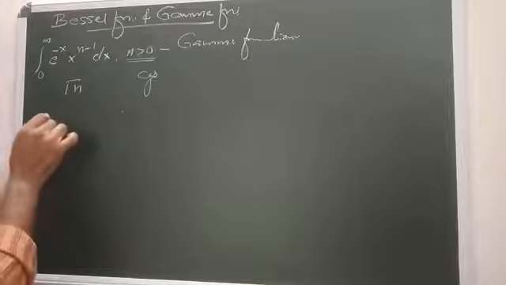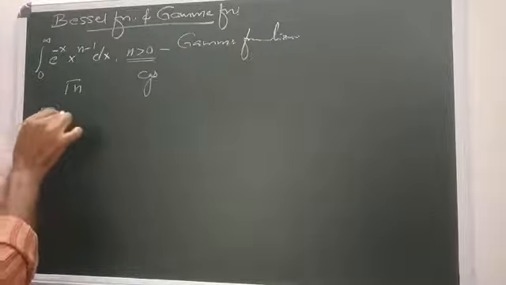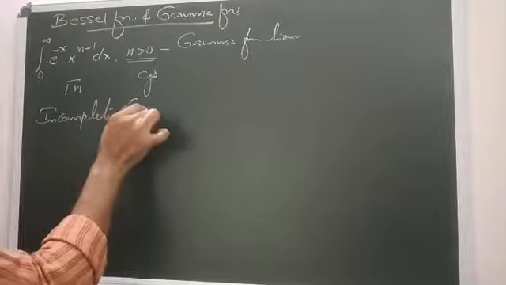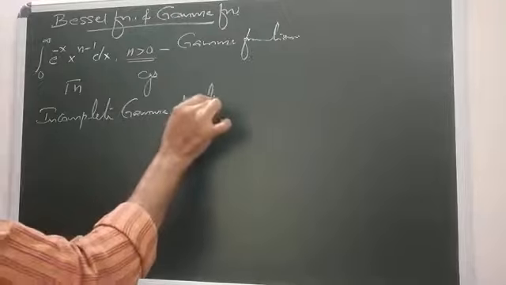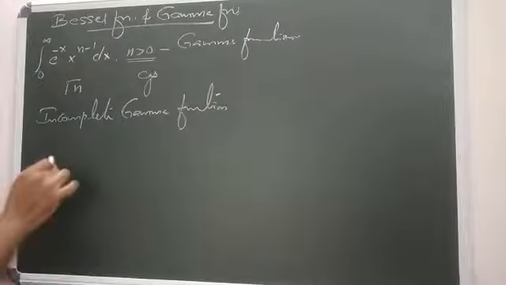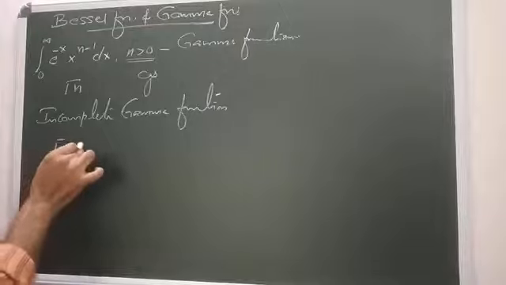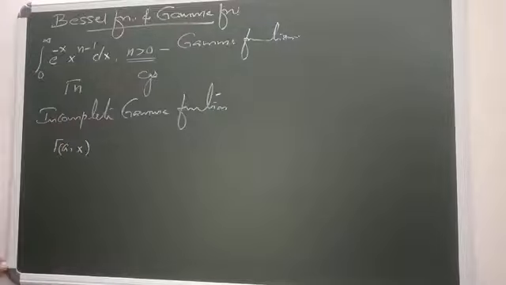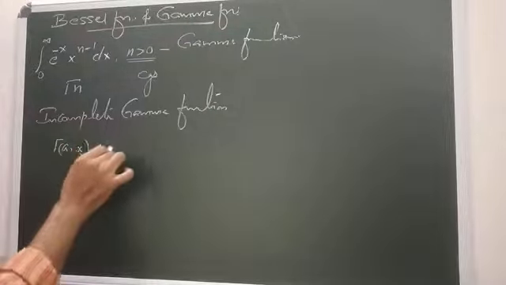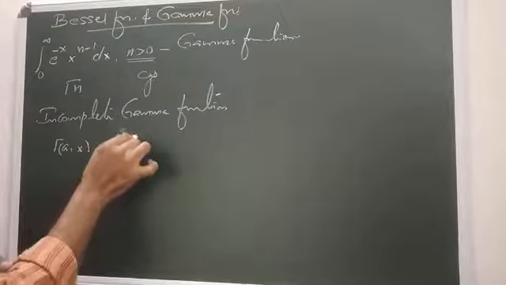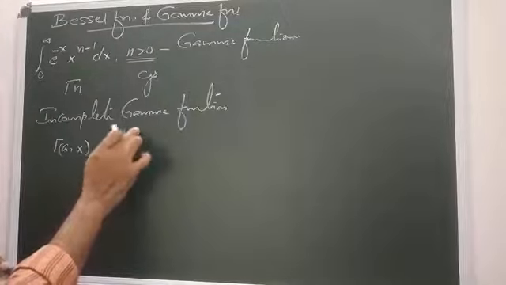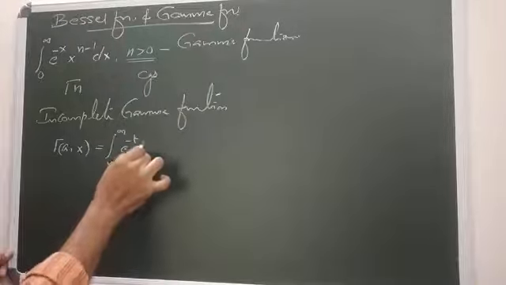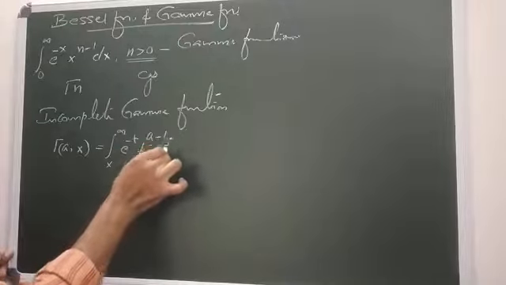There is another function, which is the incomplete gamma function. What is an incomplete gamma function? It is the upper incomplete gamma function, denoted as gamma(a,x). Gamma(a,x) equals integral x to infinity e power minus t, t power a minus 1 dt.